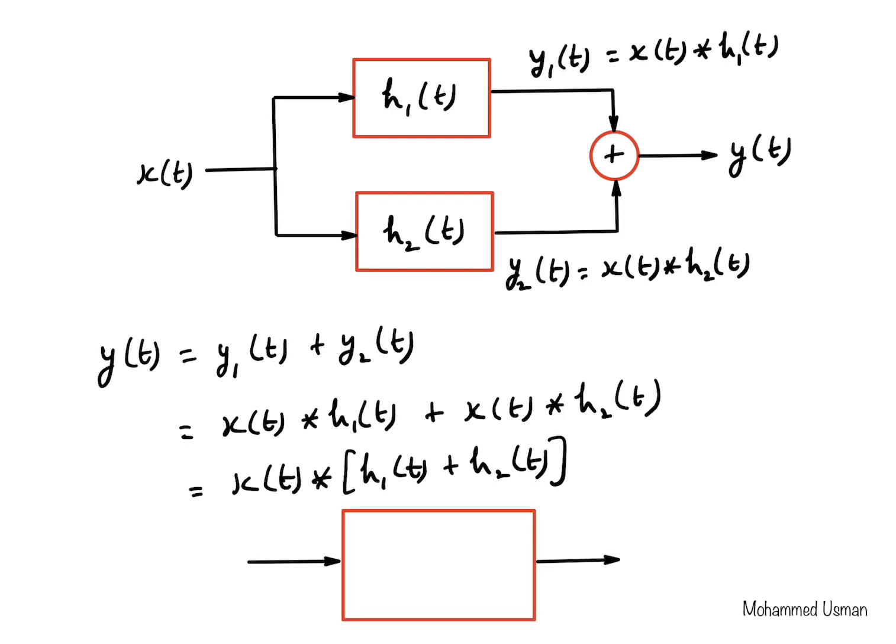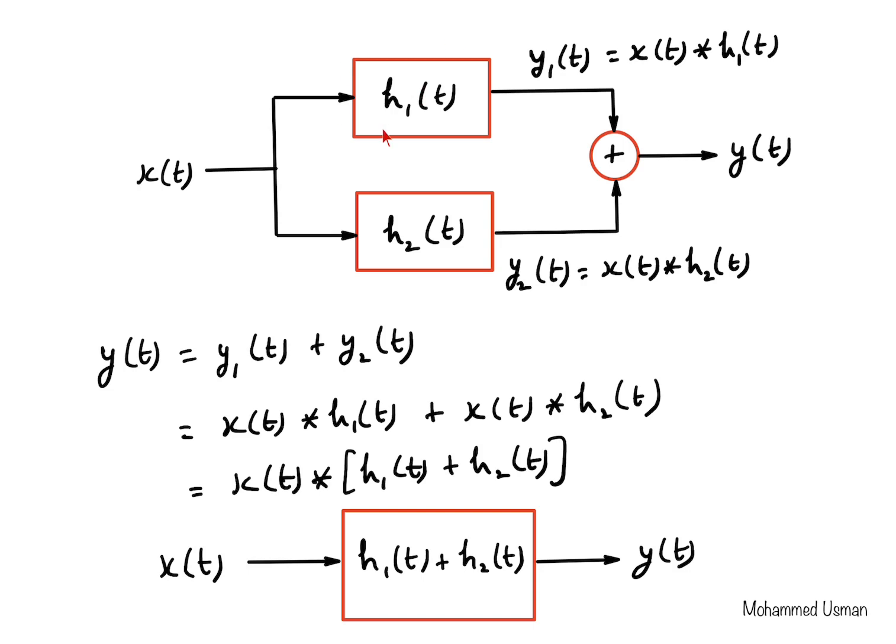So basically what we're saying is that if we have a system whose impulse response is h1 of t plus h2 of t, then the input x of t will produce the same output y of t. So the system that we have on top here and the system that we have at the bottom here are both identical systems.